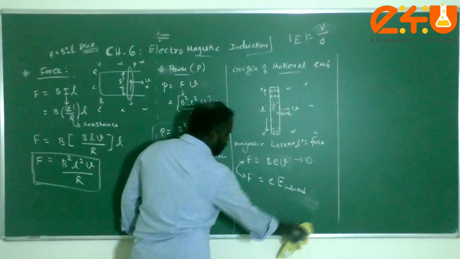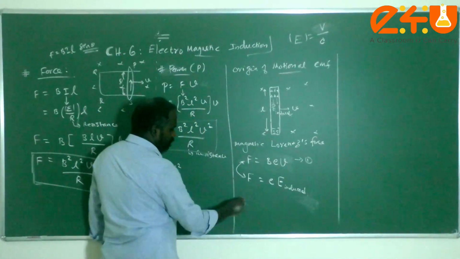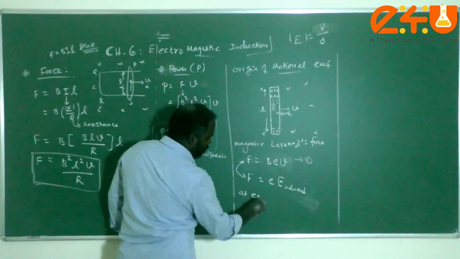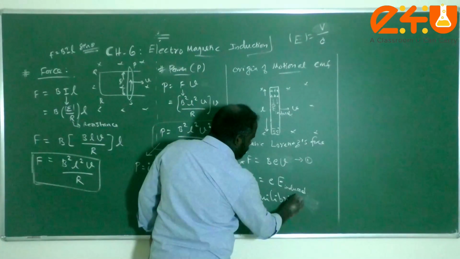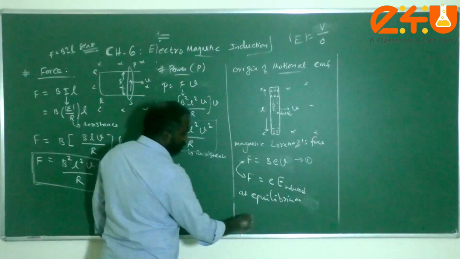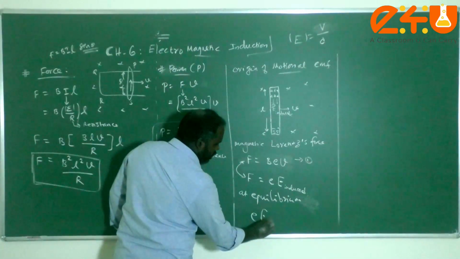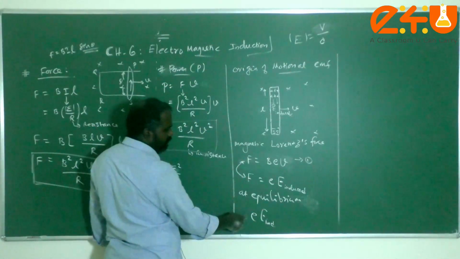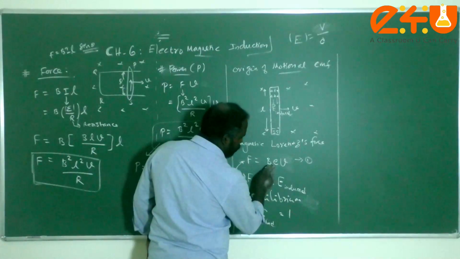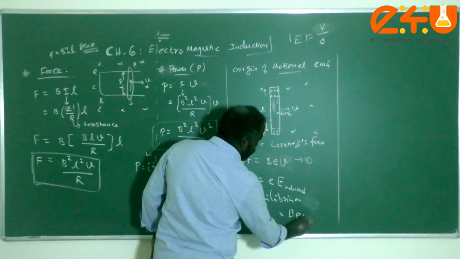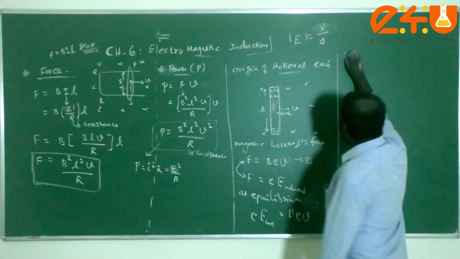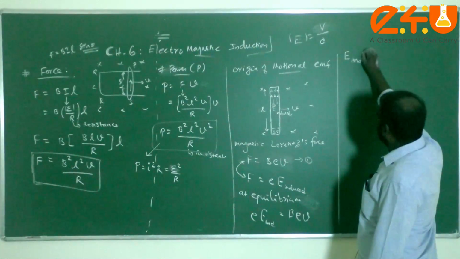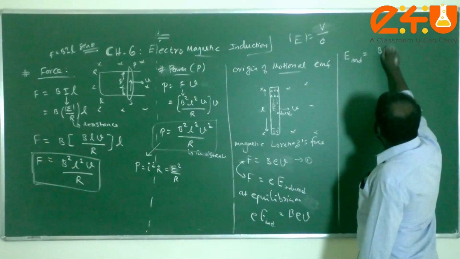At equilibrium they are equal. So the force due to the induced electric field is the same as the force due to the magnetic field, BeV. The e gets cancelled out. Then the induced electric field is equal to B into V.